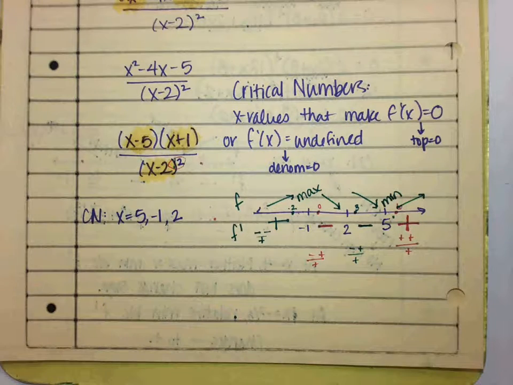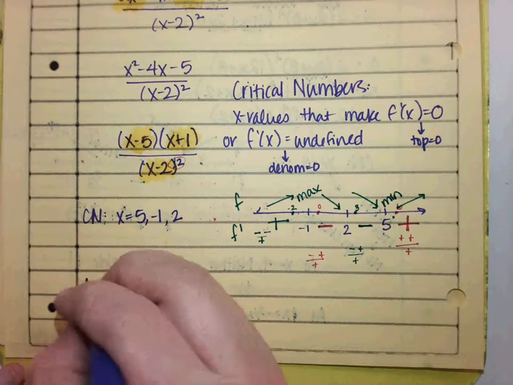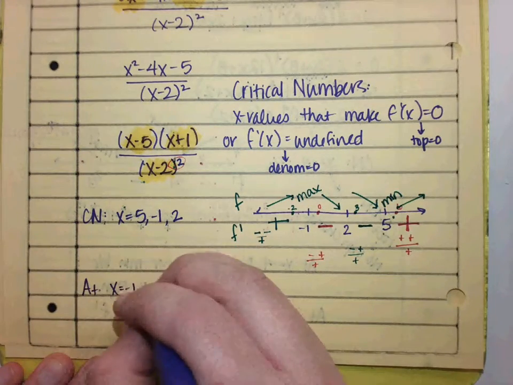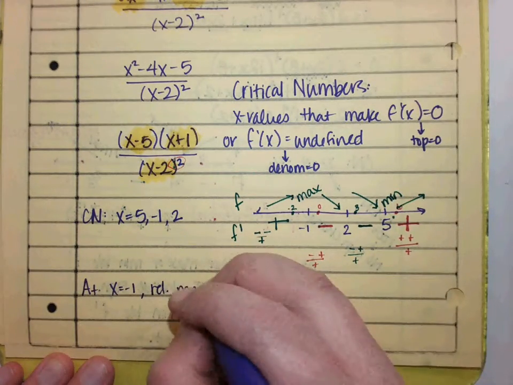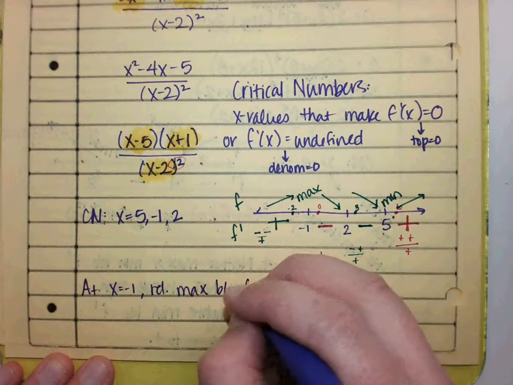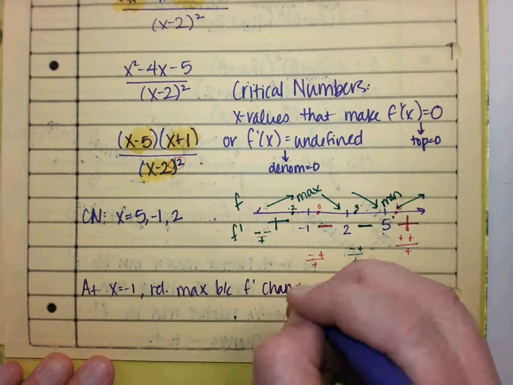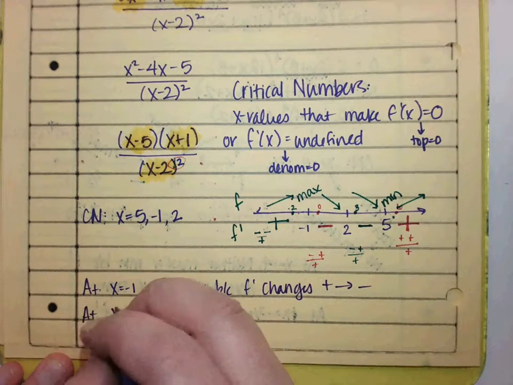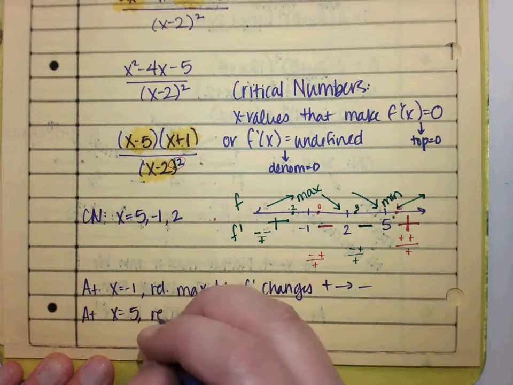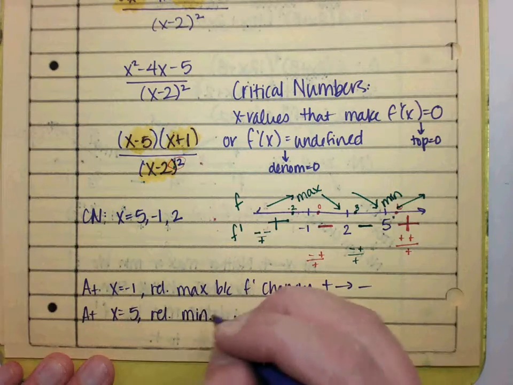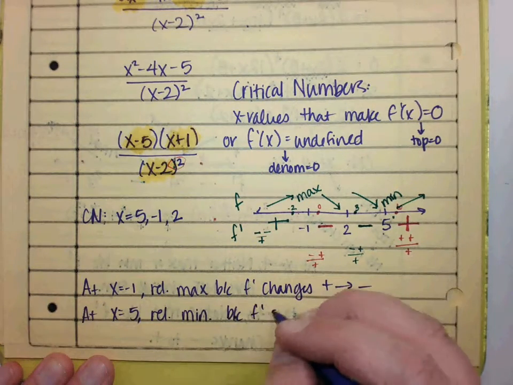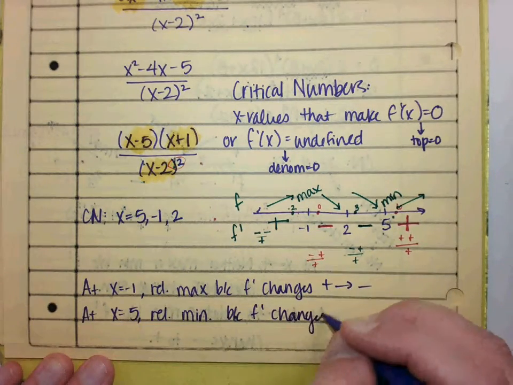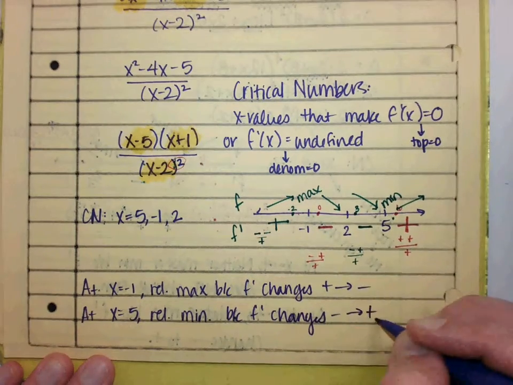Okay, from there, I would say at x equals negative 1, I have a relative maximum because f prime changes from plus to minus. At x equals 5, I have a relative minimum because f prime changes from negative to positive.